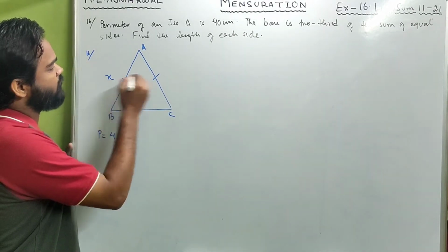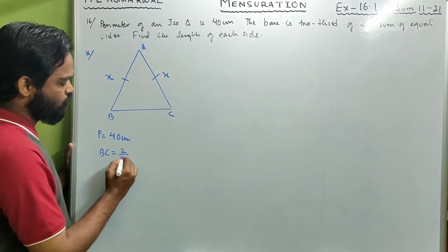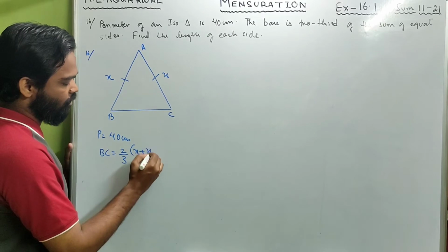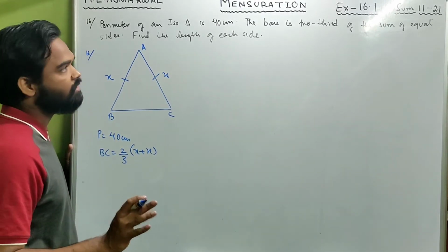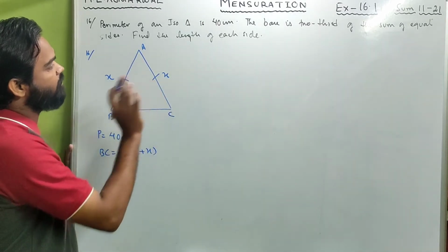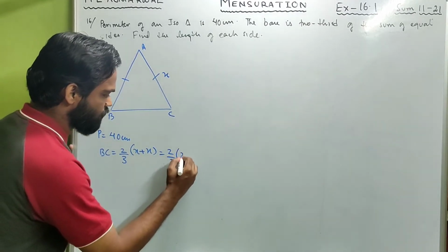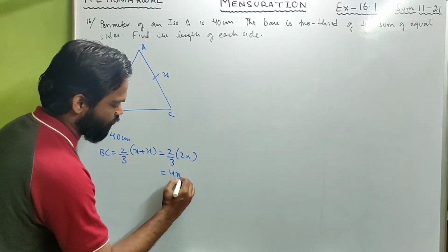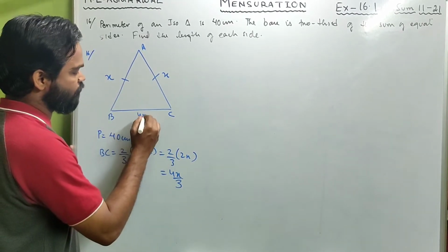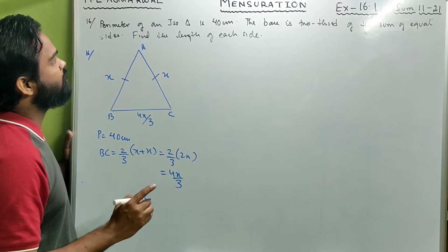So suppose the equal side is x. So the base, they have told, is 2/3 the sum of the equal side, which I have taken as x in this case. So your base will be 2 by 3 into 2x, which is 4x by 3. Find the length of each side.